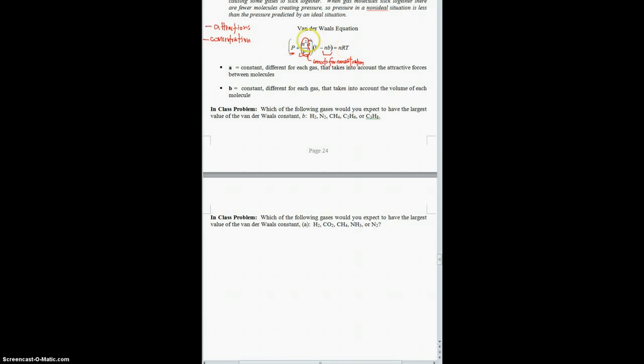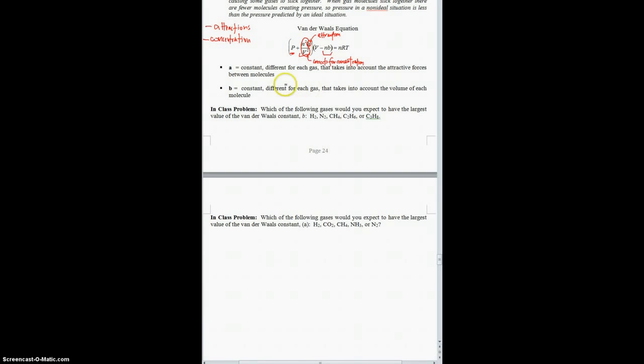Okay, and then the a corrects for the attractive forces between particles. Okay, so a is a constant, which is different for different gases, and it takes into account the attractive forces between molecules. So that value of a gets larger when you have stronger attractive forces.